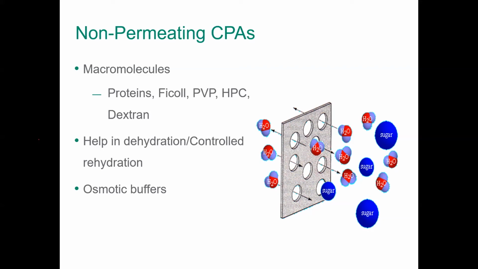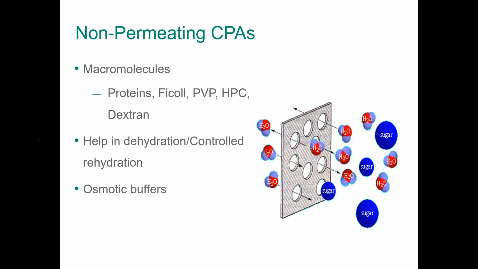Adding the non-permeable cryoprotectant also reduces the molarity of the permeating cryoprotectant, so it decreases the effect of cytotoxicity of the permeating one. It also increases the osmolarity in the extracellular space, which enhances dehydration and reduces the intracellular water.